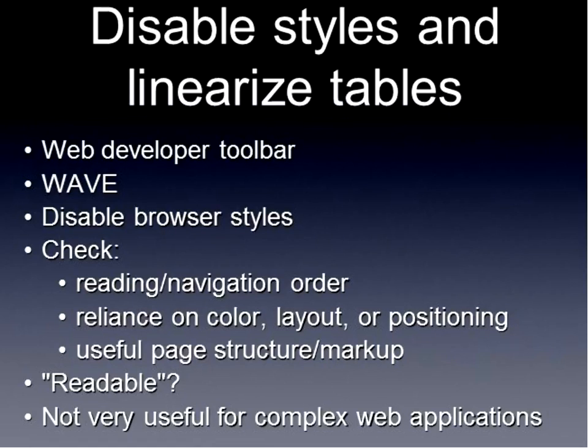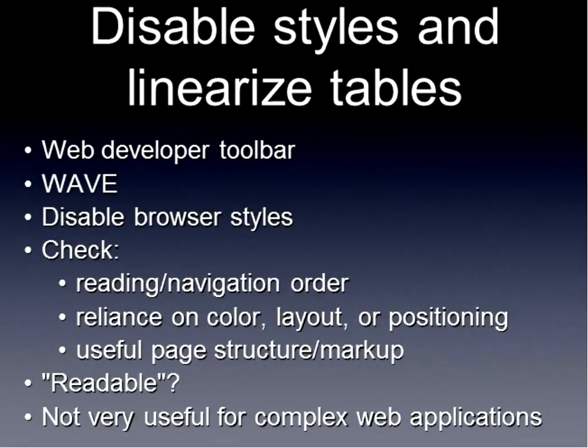The other thing that it does by disabling styles and linearizing tables, especially if tables are used for layout, is it reveals the underlying reading and navigation order. So you can visually look and see the order in which a screen reader will read content and the order in which keyboard users would navigate through elements within that page. That's really helpful to make sure that the reading order is logical.